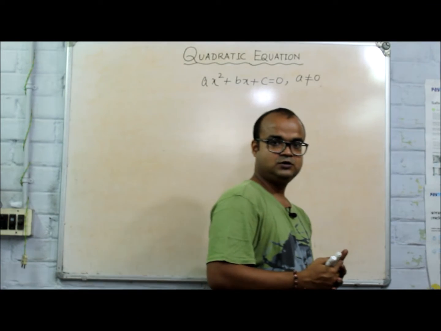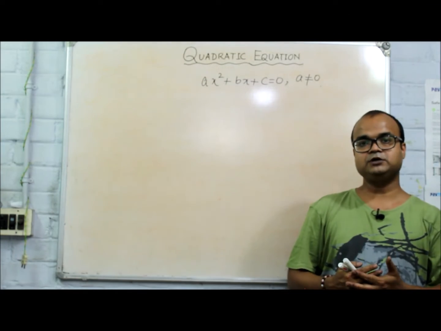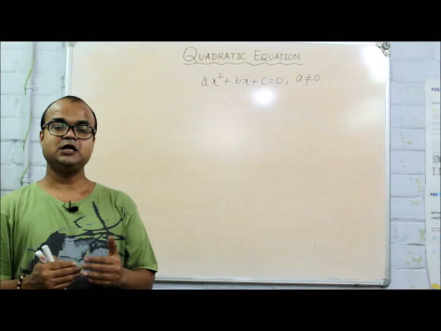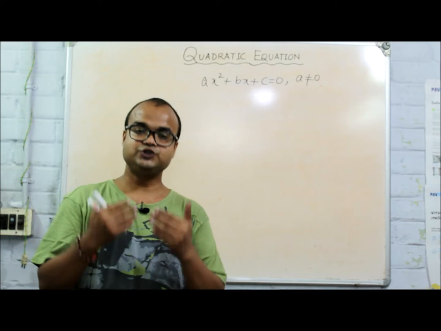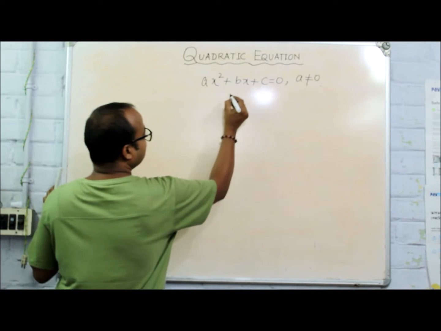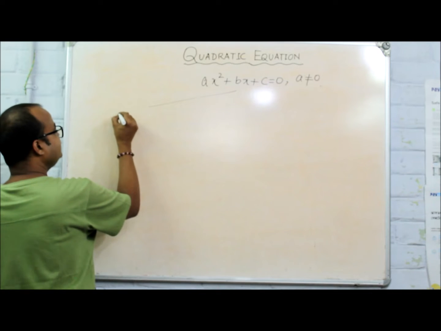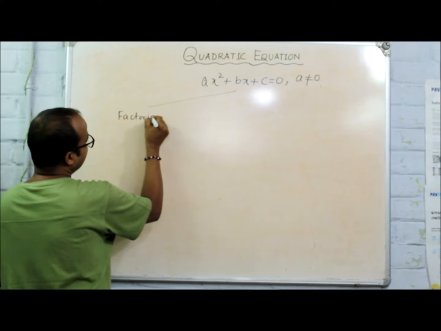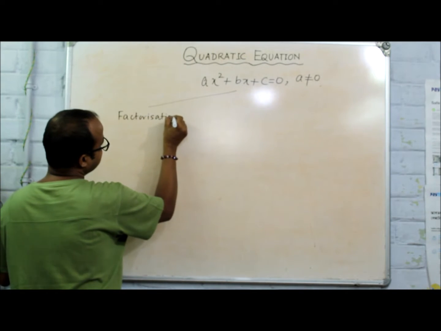The first topic we are going to discuss in this chapter is how to find the solution of a quadratic equation. Now there are three methods. First one is the factorization method.